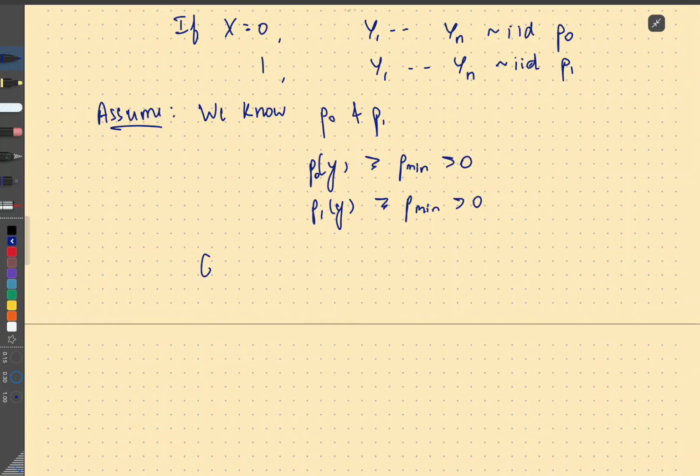So the goal is, given y1 through yn, decide if x is equal to 0 or 1.